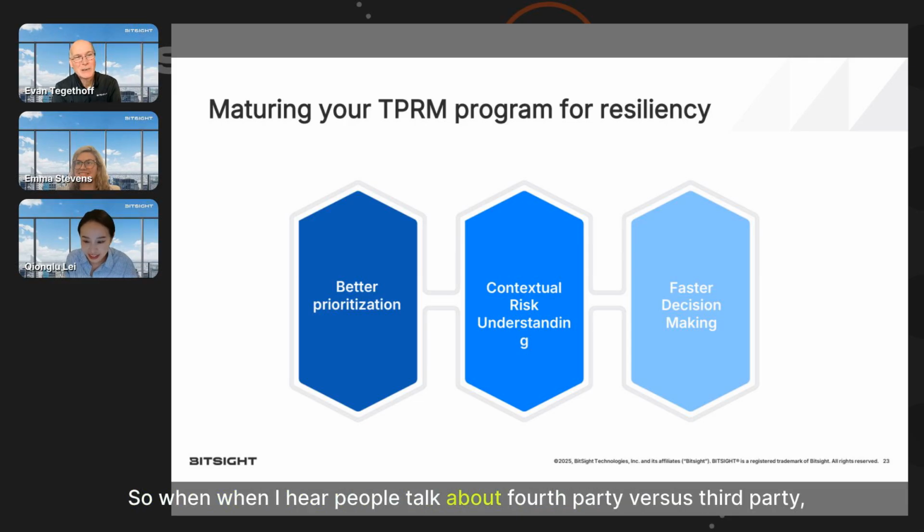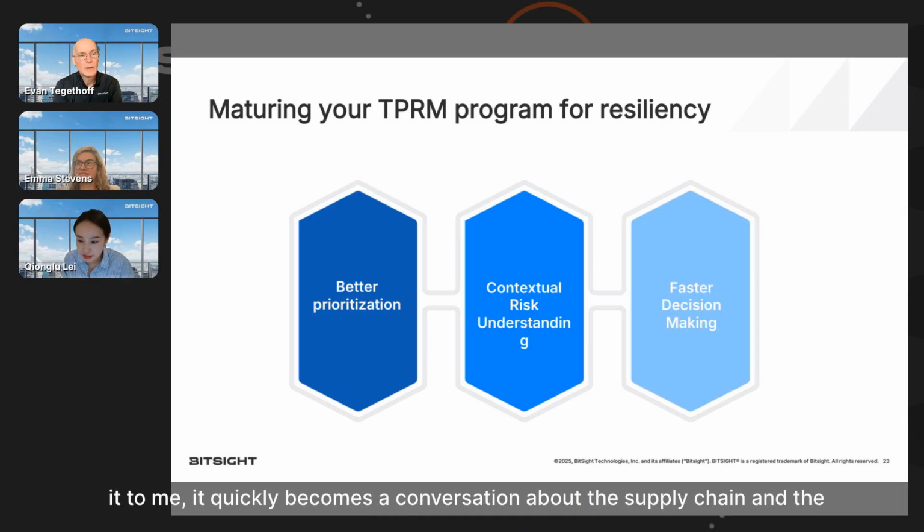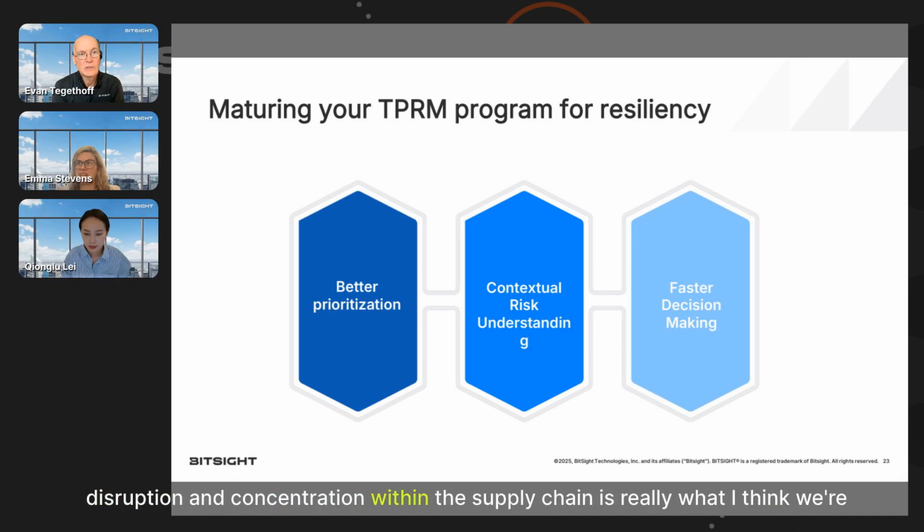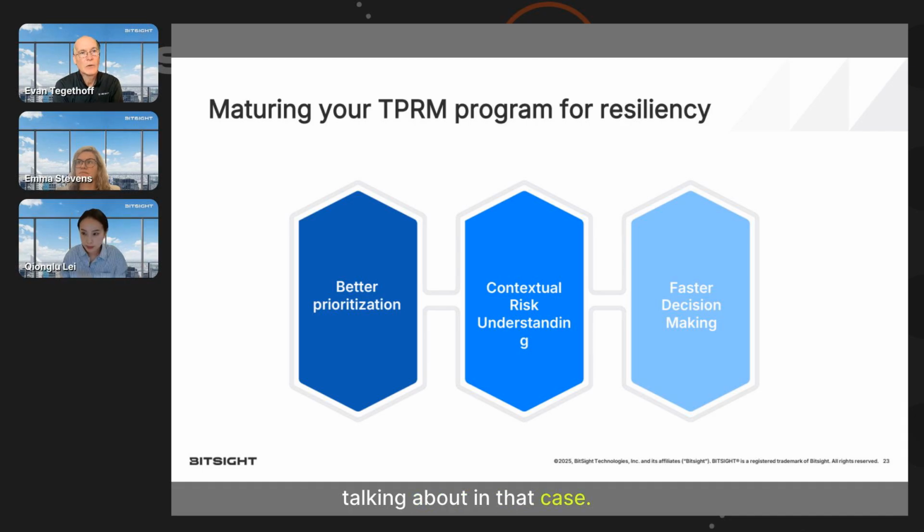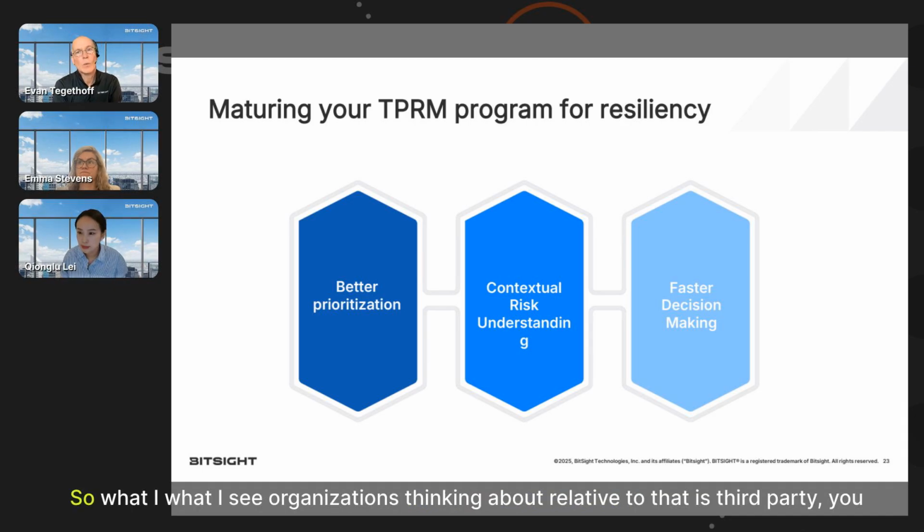So when I hear people talk about fourth party versus third party, to me, it quickly becomes a conversation about the supply chain, and the disruption and concentration within the supply chain is really what I think we're talking about in that case.